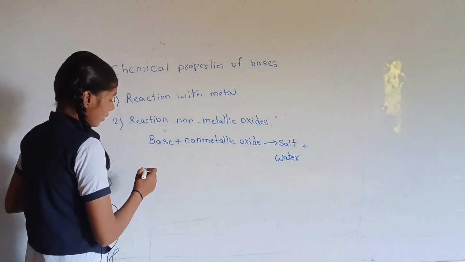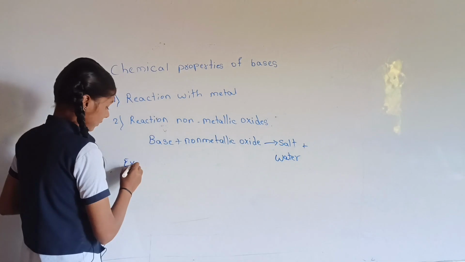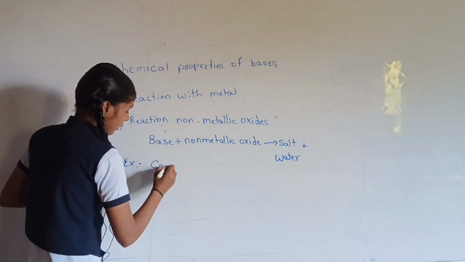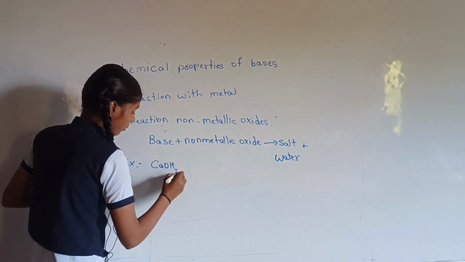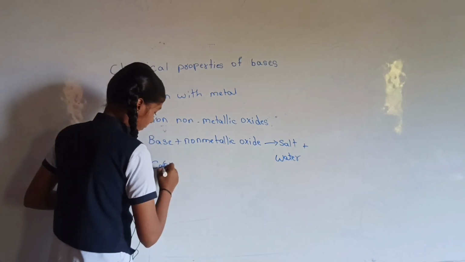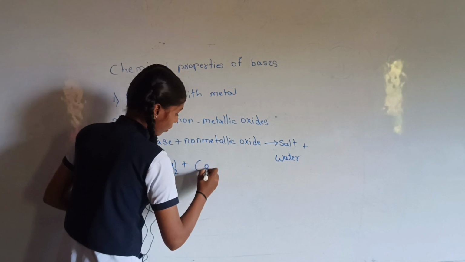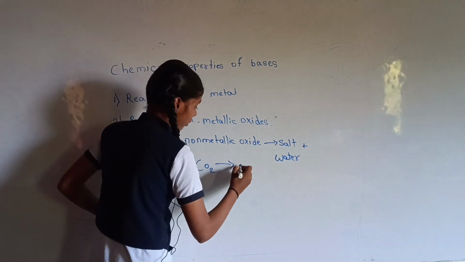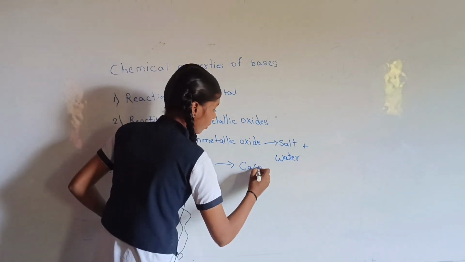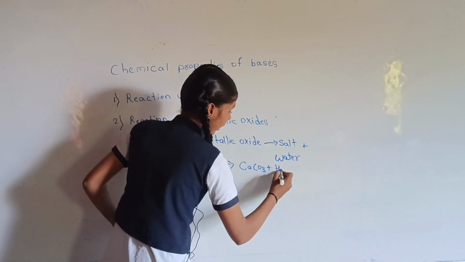So here the base is, for example, Ca(OH)2 plus the non-metallic oxide CO2, which gives CaCO3 plus H2O.